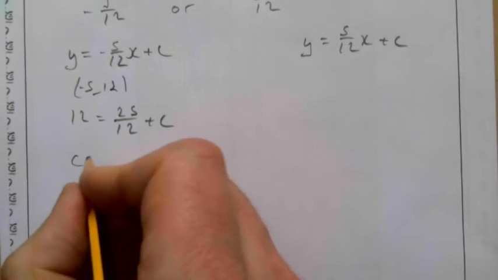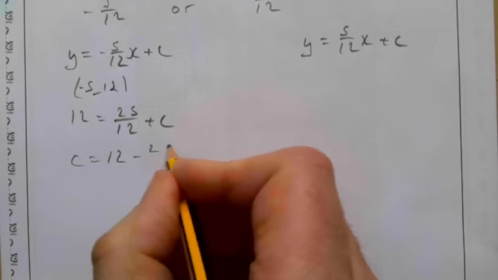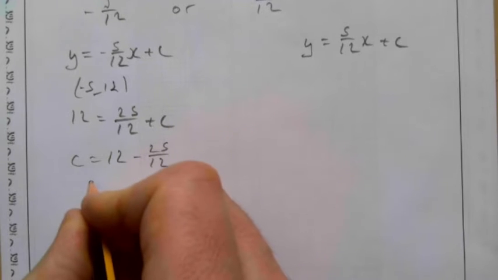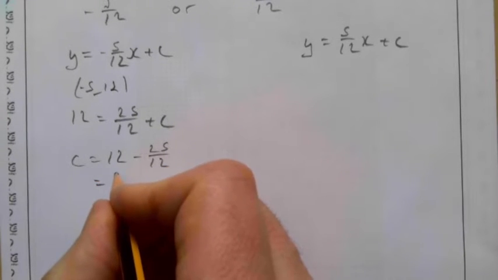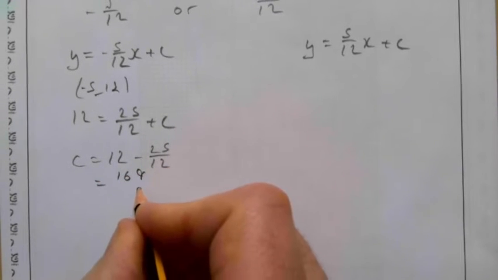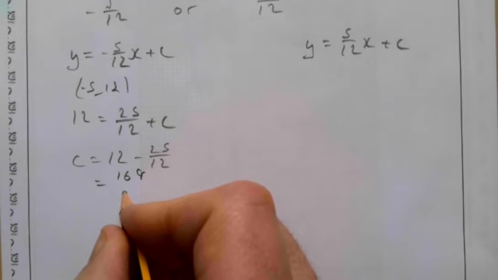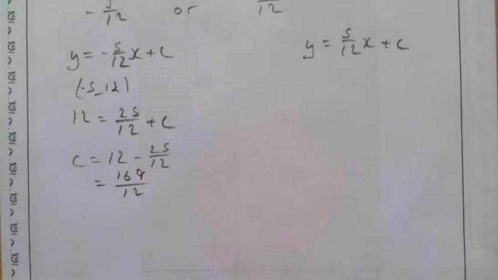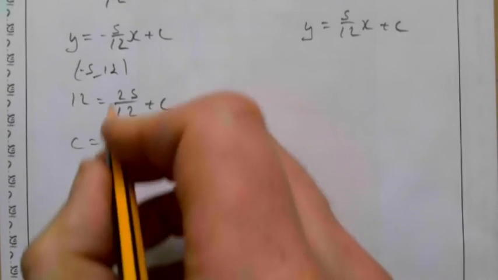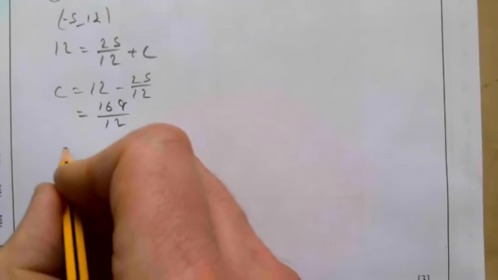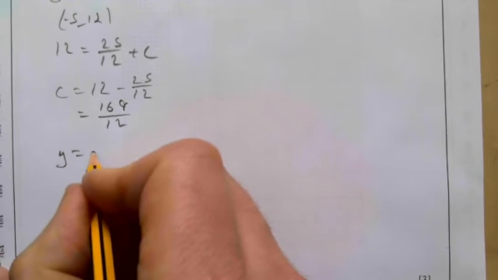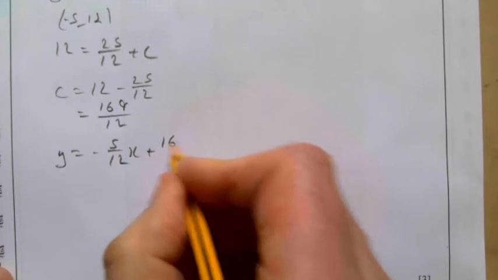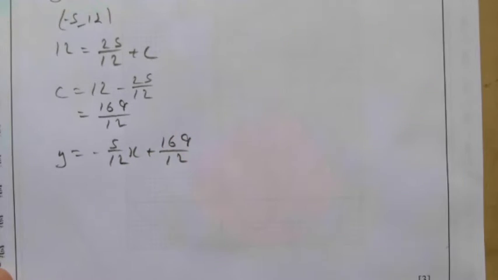And that means c is 12 take away 25 over 12. And that gives me then 100. No, it doesn't. It gives me 169 over 12. The right point there, yeah, the minus 5, that's okay. So my equation then is y equals minus 5 over 12 x plus 169 over 12.